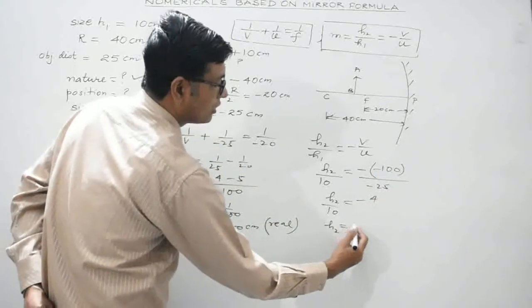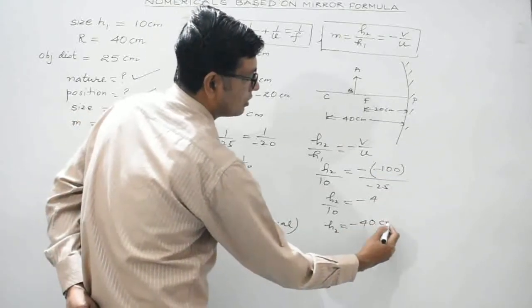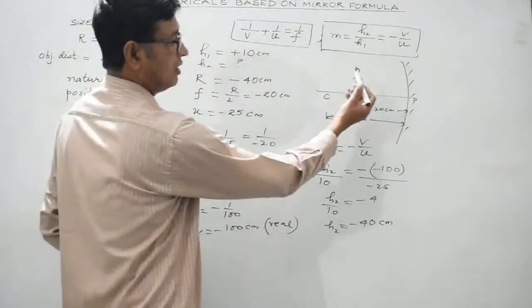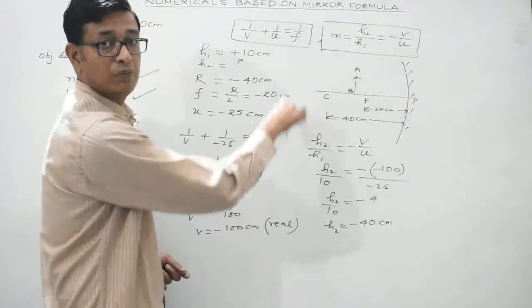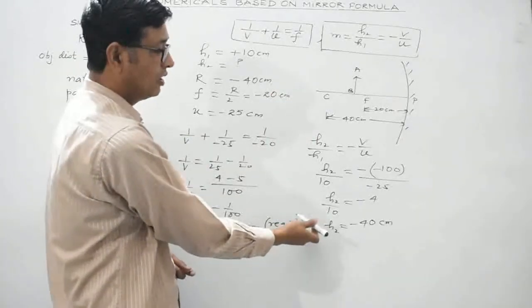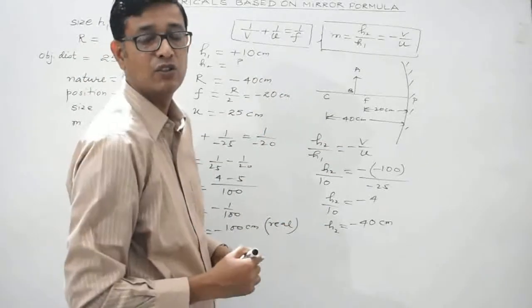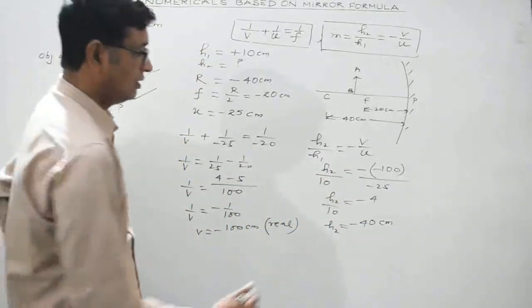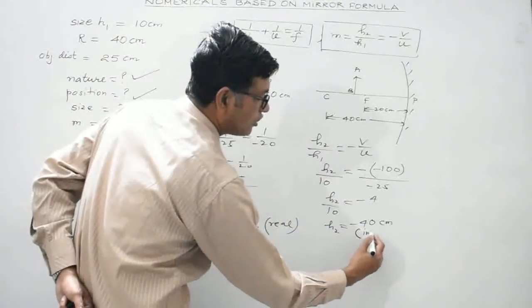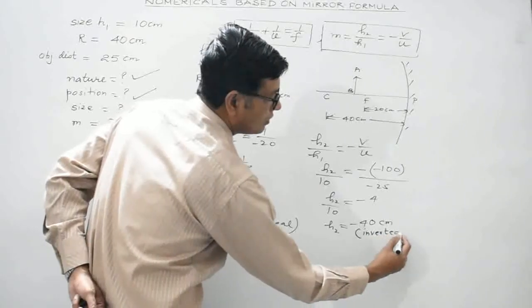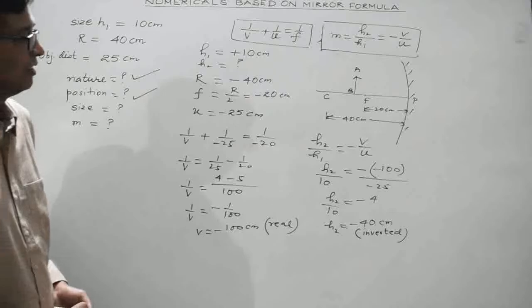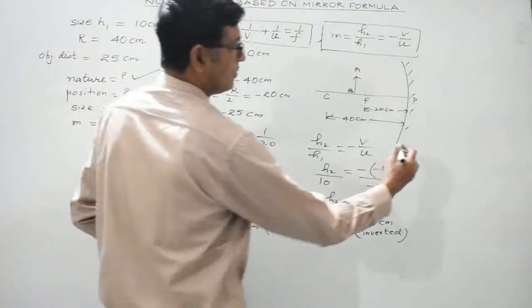So H2 is equal to minus 40. That's in centimeter. So we have already discussed its image is larger in size, magnified. So the size of the image is greater than the size of the object. So it comes to be 40 centimeter. Negative sign suggests that the image is inverted. Right?